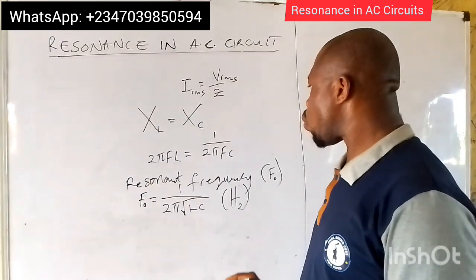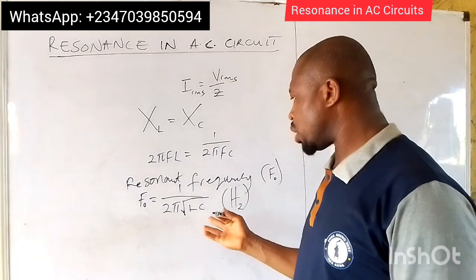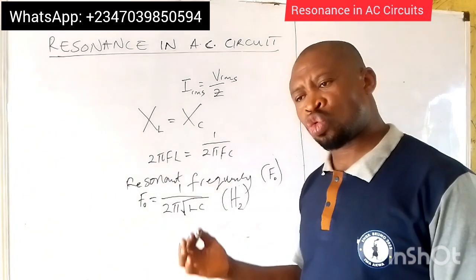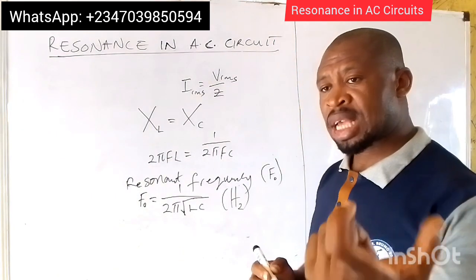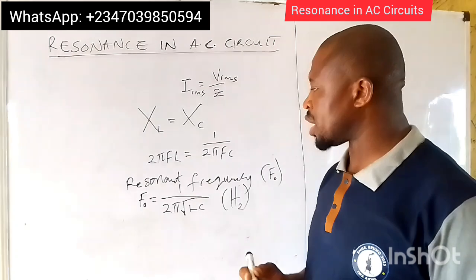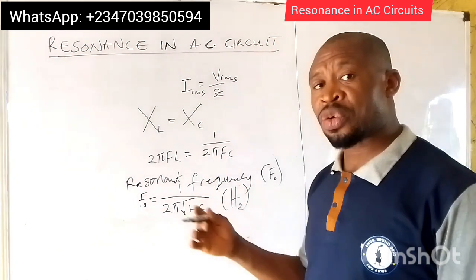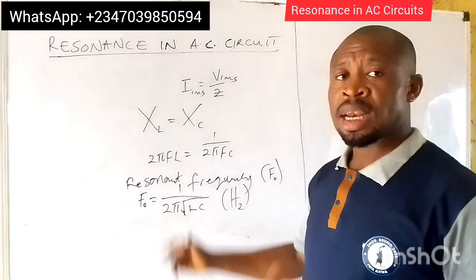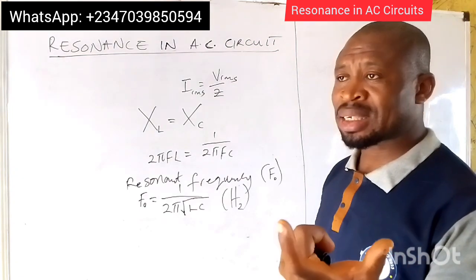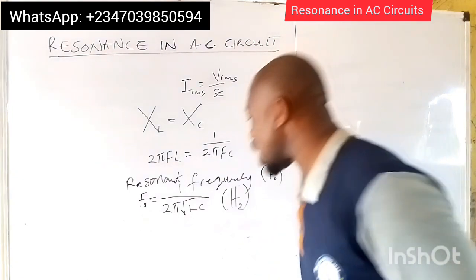Now we will take one or two questions, but let us first recap what we have just said. Resonance frequency is the frequency at which XL is equal to XC. At resonance, maximum current is obtained.